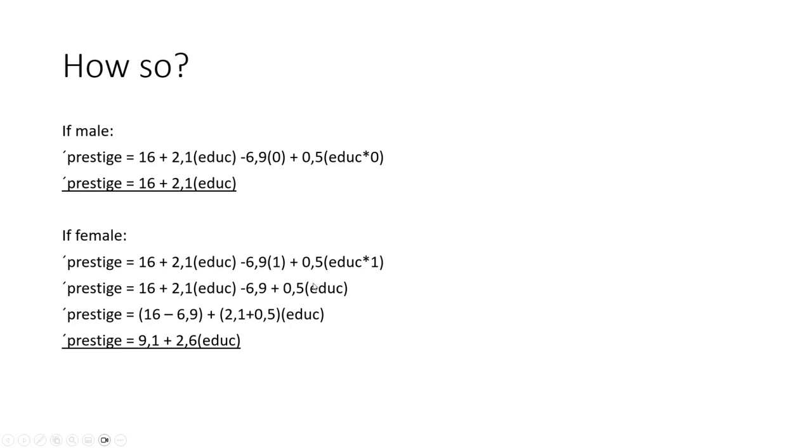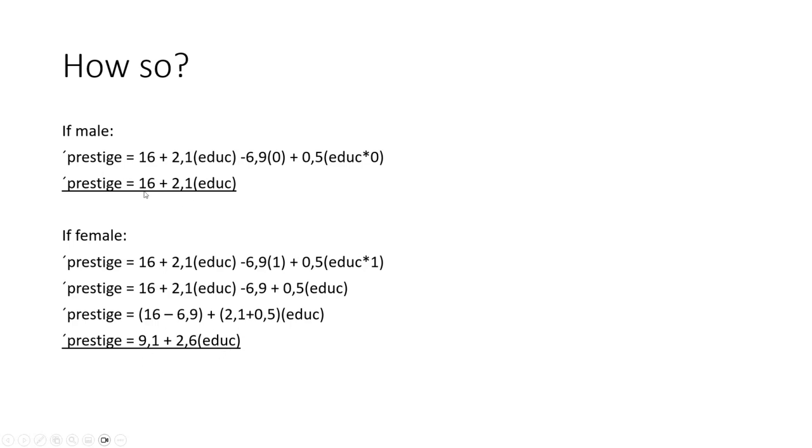So this will be 1, and this will be 1, and that gives us 2.1 education minus 6.9 plus 0.5 education. So I can sum these together, 16 and minus 6.9, and I can sum 2.1 educ and 0.5 educ, which is 2.6 educ, right?